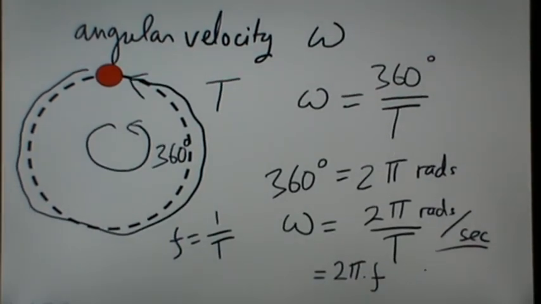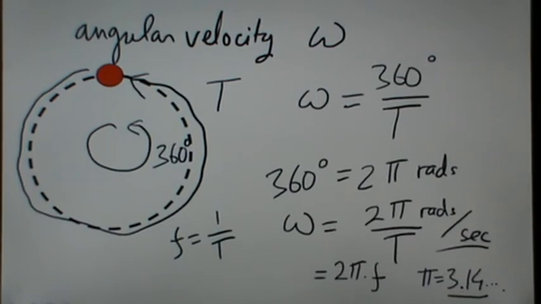And the value of pi here is around 3.14 something, or you can just use 3.14. So here we can say that an object moves with uniform circular motion if and only if the angular velocity omega is constant or unchanging.